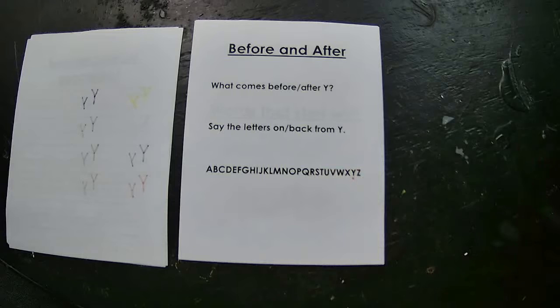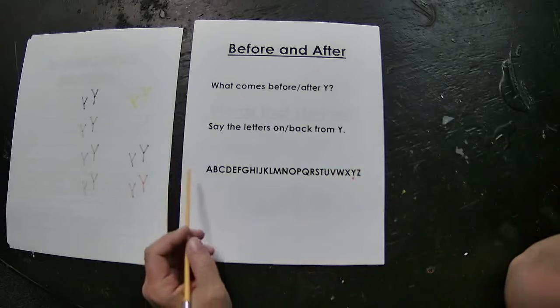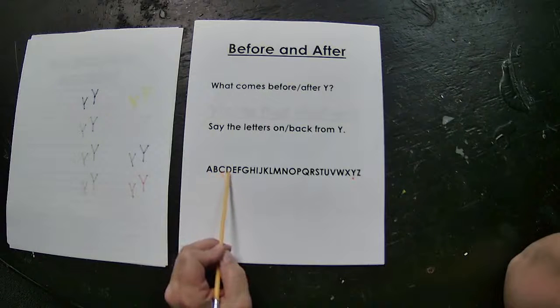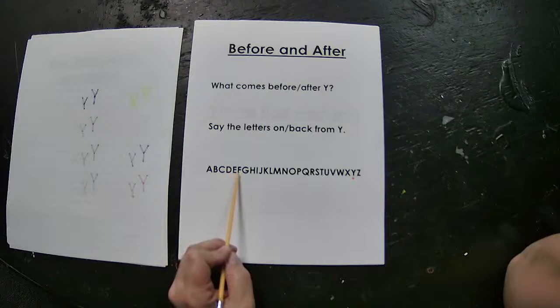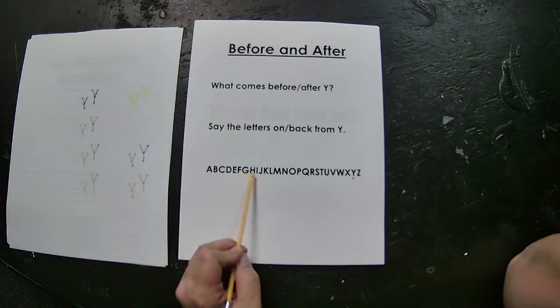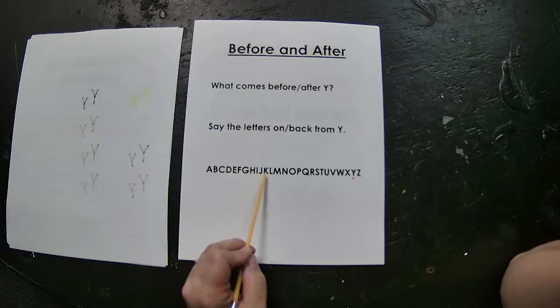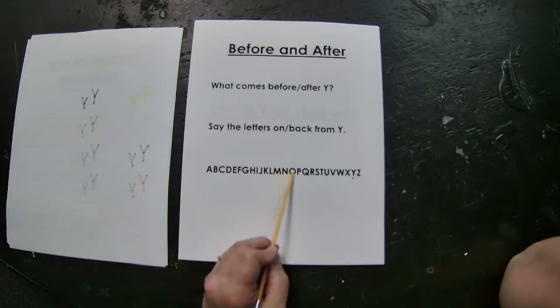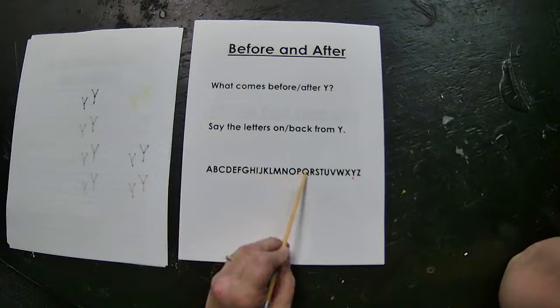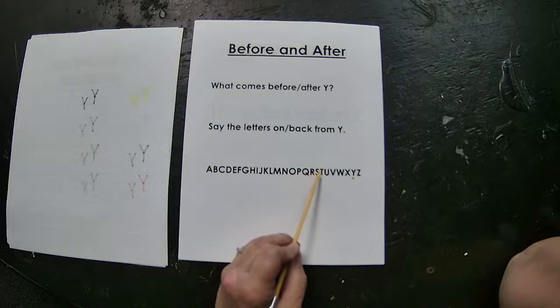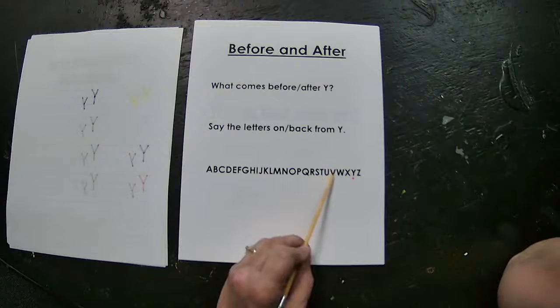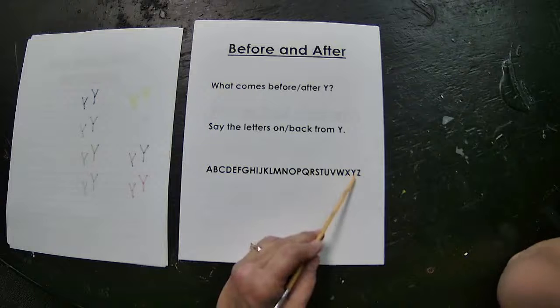All right, now you ready? We have to count down to the Y. Ready? 1, 2, 3, 4, 5, 6, 7, 8, 9, 10, 11, 12, 13, 14, 15, 16, 17, 18, 19, 20, 21, 22, 23, 24, 25.